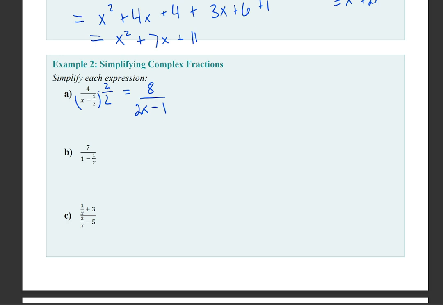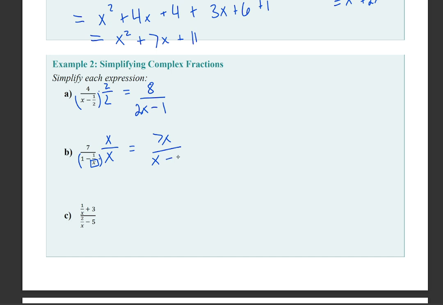Let's look at the next one. You see I have an x in the denominator here that I want to get rid of. So I'll multiply the top and the bottom by x. See this x right in here. So I have 7x on top and I have to multiply this entire thing by x. So I have to distribute my x to both terms.